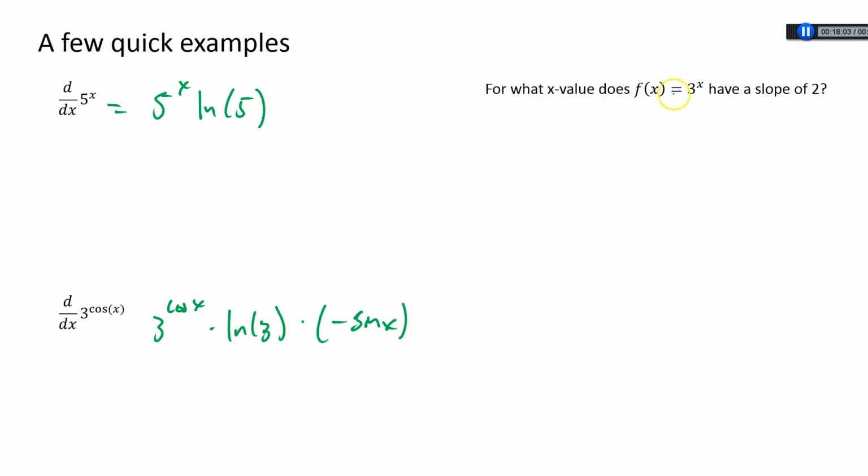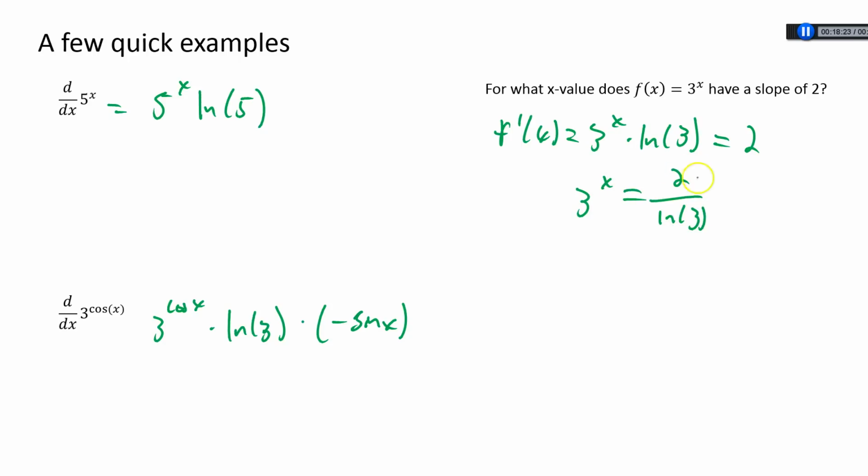For what x value does f of x equals 3 to the x have a slope of 2? Well, let's see. So f prime of x would be 3 to the x times ln of 3. And we want to know when it's equal to 2. Okay, so that'd be 3 to the x is equal to 2 over ln 3. Now we have to get rid of that x. So we're going to take the log of both sides. I'm going to use natural log, doesn't really matter.